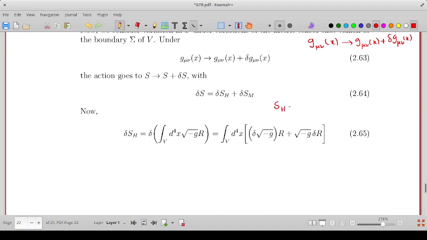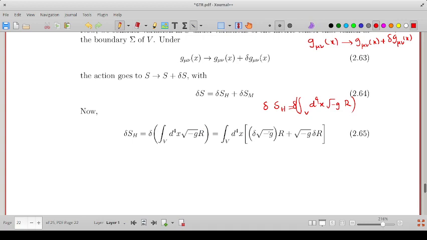Now SH is equal to the integral over V of d4x square root of minus g times the Ricci scalar, and therefore delta SH would be the change or the variation in this whole thing. So the quantity that changes is the tensor field and therefore the Ricci scalar.